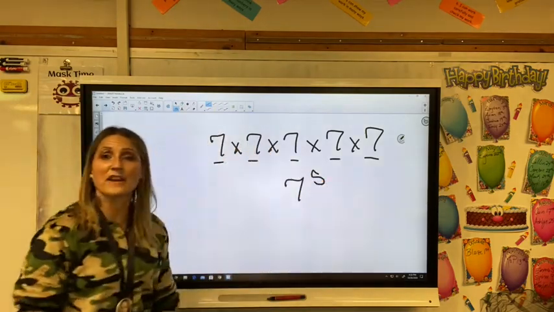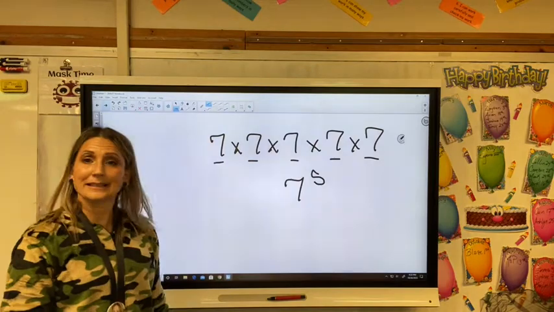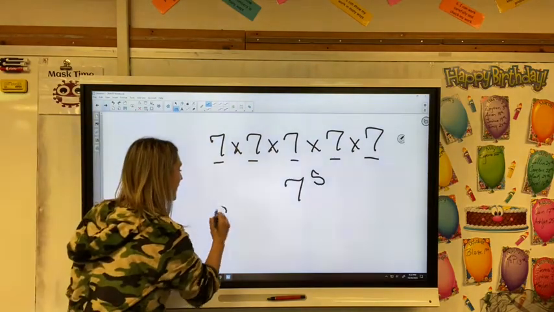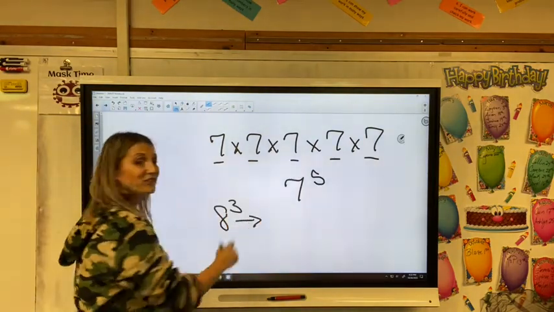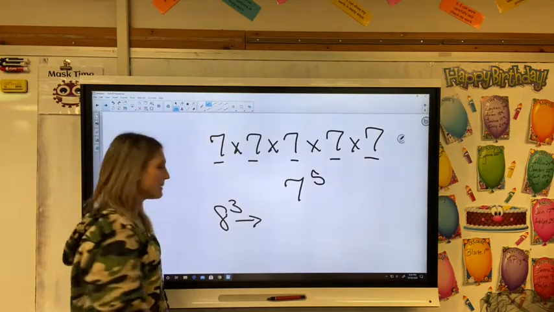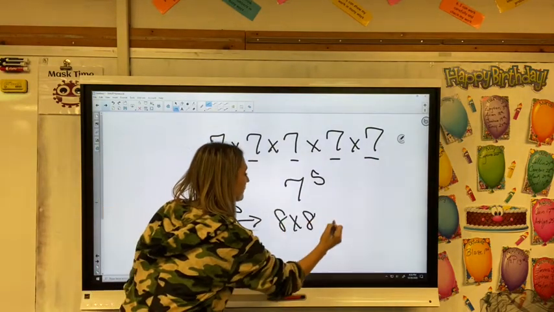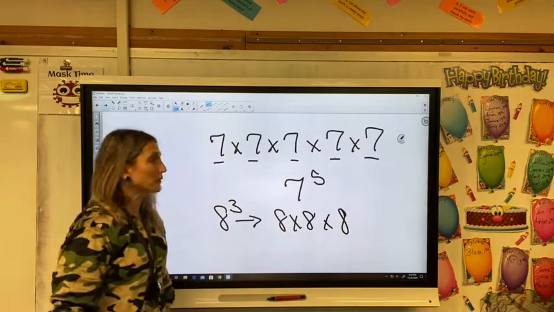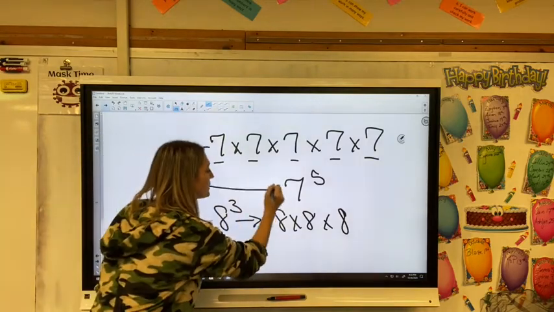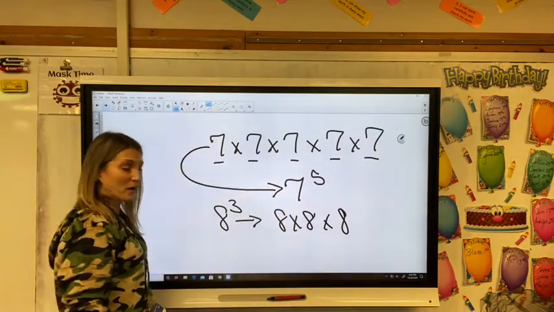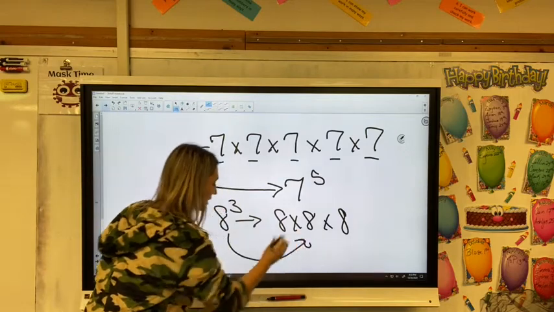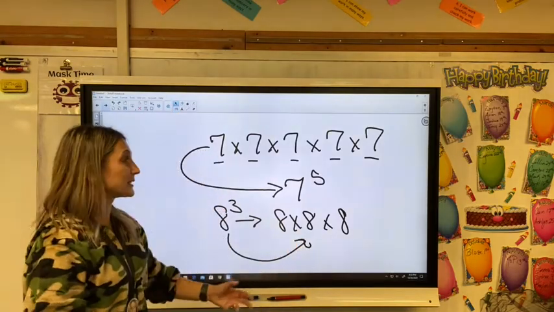It's 7 to the 5th power. That's easy enough. If I said, hey, 6th graders, write that out as its exponent, you've wrote it out. So you can take it from all the numbers and turn it into an exponent, and take it from an exponent and write it out as all its numbers.